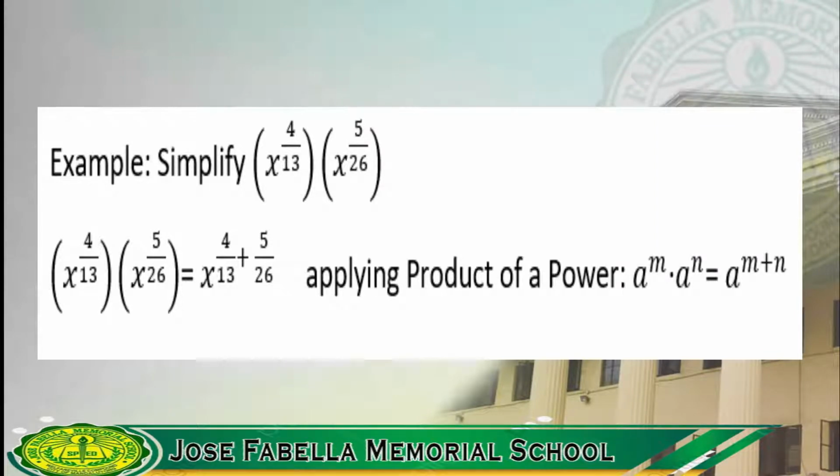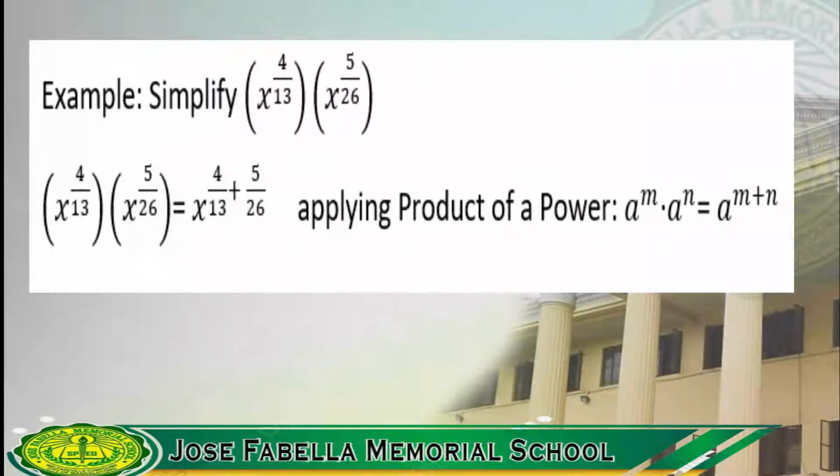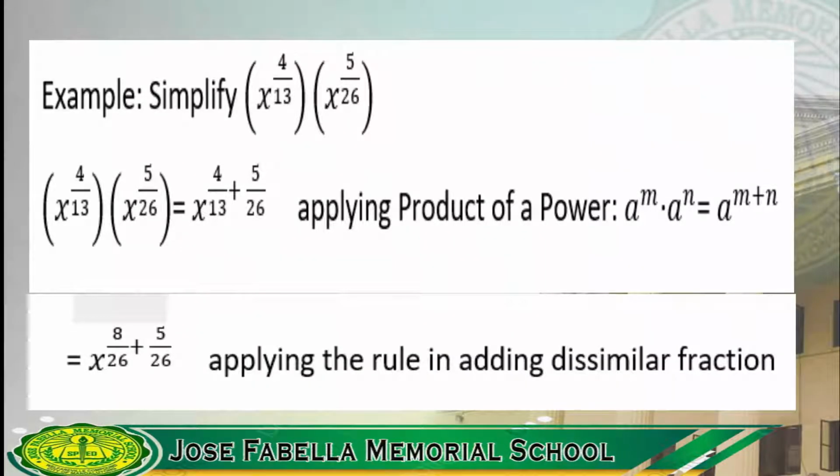So we have x raised to 4/13 plus 5/26. Applying the rule in adding dissimilar fraction, since 4/13 and 5/26 are dissimilar fractions, the least common denominator between 13 and 26 is 26.